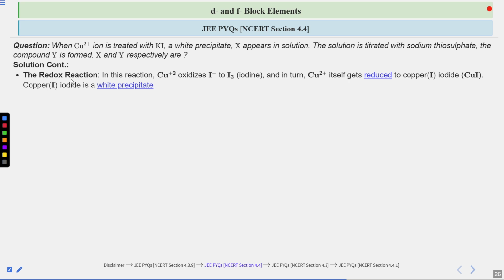Now, what redox reaction will happen? In this reaction, the copper ion oxidizes the iodide ion to the iodine molecule, and in turn the copper 2 plus itself gets reduced to copper iodide, in the +1 oxidation state. So copper iodide is the product which appears as the white precipitate, that is X.